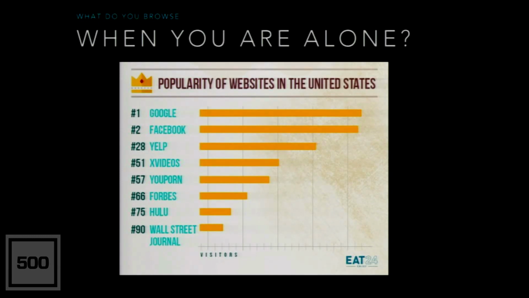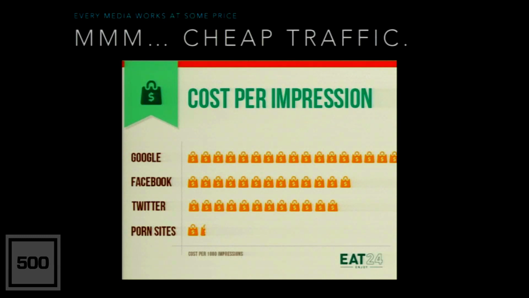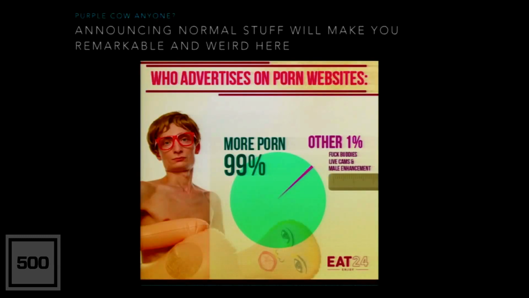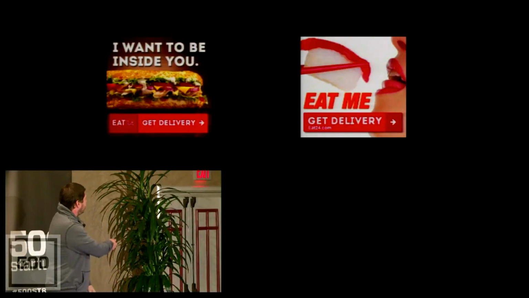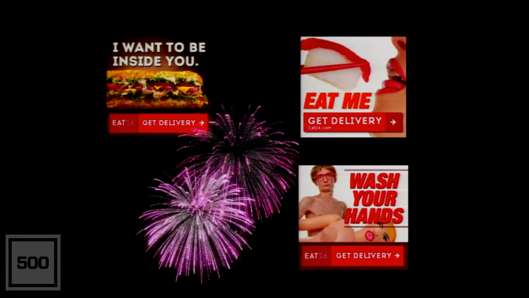Like, some adult video sites are more visited than the Wall Street Journal. The cost per impression is very minimal. You're competing with guys that announce the same things, and the design skills are not that good. So they created banners like this.